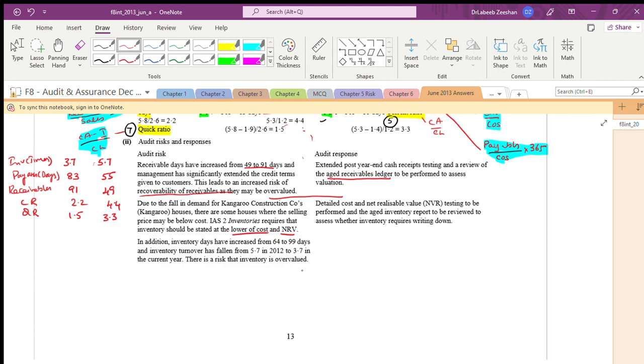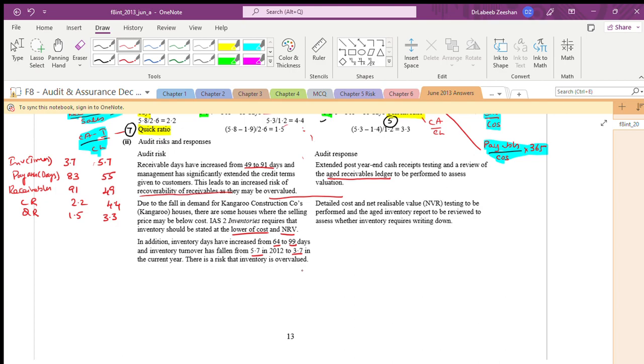Second risk, what are they doing? Inventory days has been increased from 64 days to 99 days. Previously they used to sell within 64 days; now inventory is taking 99 days. Inventory turnover has fallen from 5.7 to 3.7.